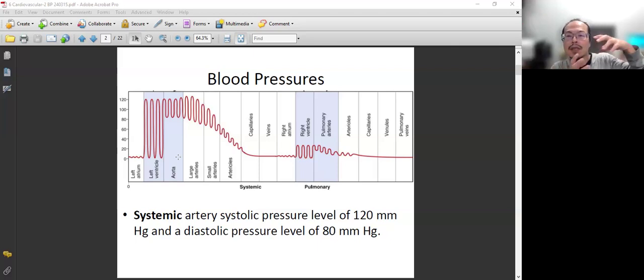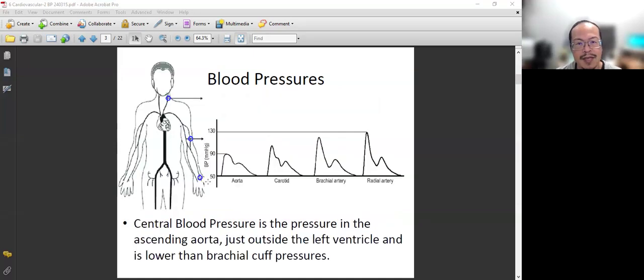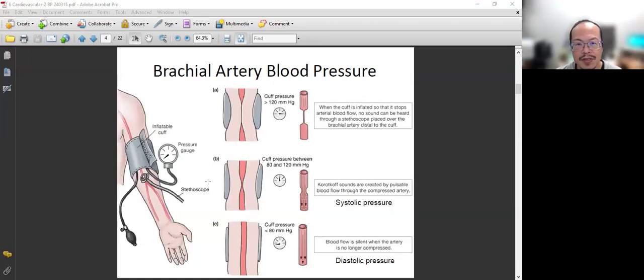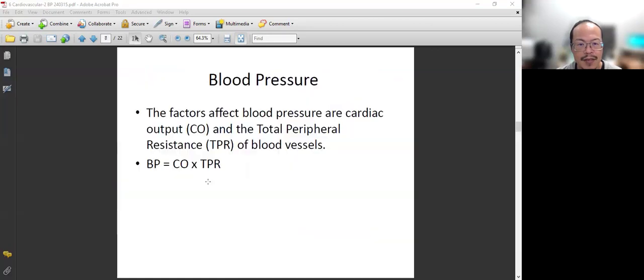Another important factor is blood vessel size. If the vessel becomes narrow, it becomes very difficult for fluid to go through, so the fluid pressure will be higher. The theory is very simple: two factors influence blood pressure, the heart and the blood vessel.